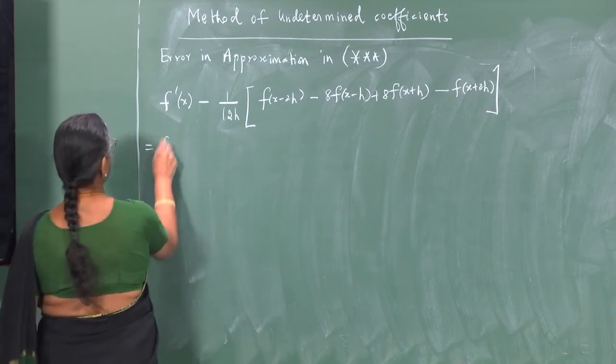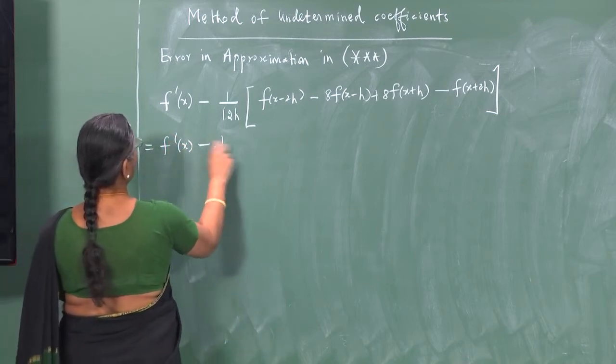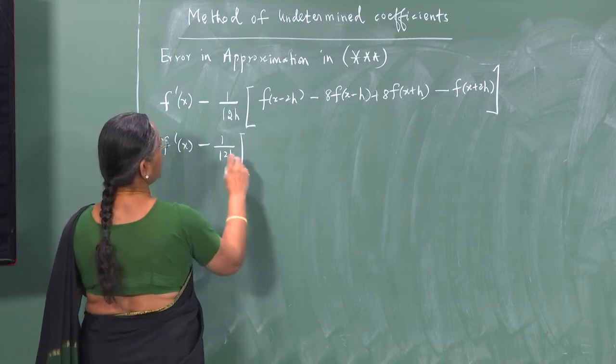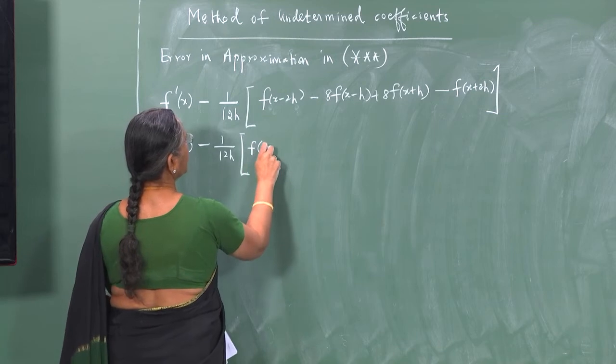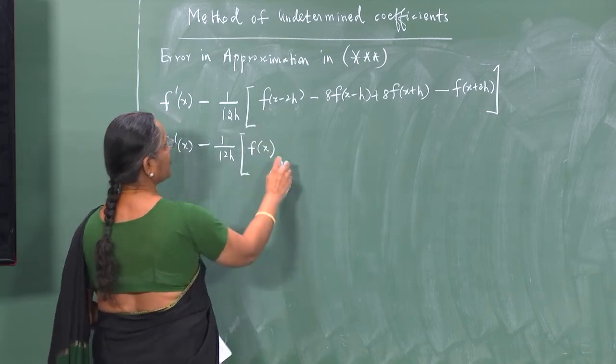So, this will be equal to f prime x minus 1 by 12h into, let us use Taylor's theorem and expand this function f of x minus 2h.